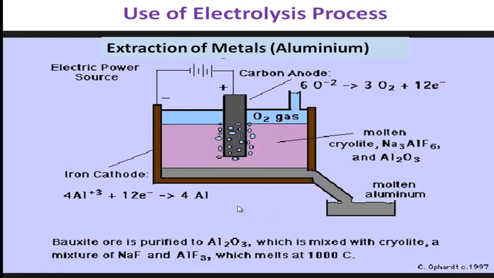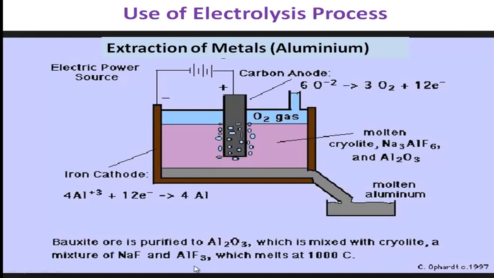Follow here, now I will discuss the extraction process of aluminum. The ore means a compound of aluminum from which aluminum is extracted profitably. Bauxite is the ore, and its chemical formula is aluminum oxide, alumina. From the ore bauxite, aluminum is extracted, and it is mixed with cryolite, a mixture of sodium fluoride and aluminum trifluoride.